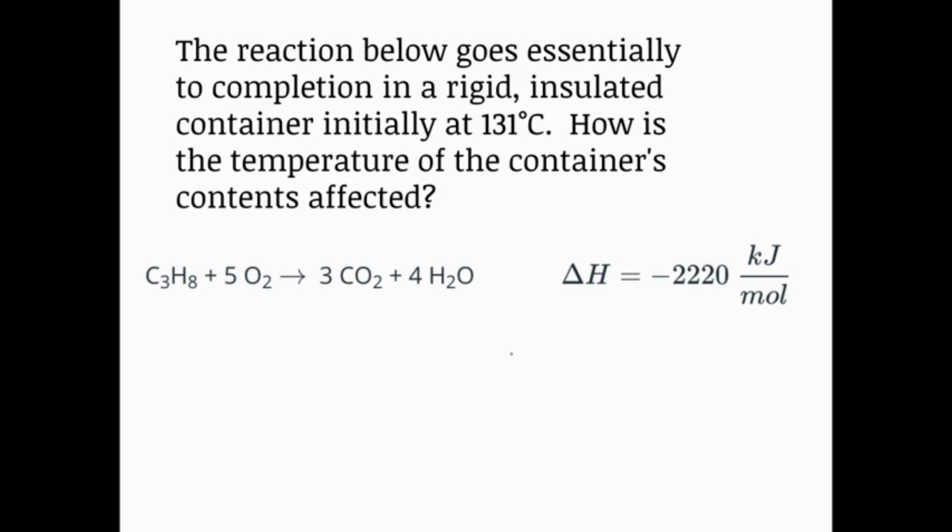What would happen is the temperature of the container's contents would increase since the reaction is exothermic. Now this may seem contradictory since exothermic means a loss in energy, but exothermic means that the energy is released, that means the container will warm up. We know it's exothermic since the change in H is negative 2220, which means that energy is released.